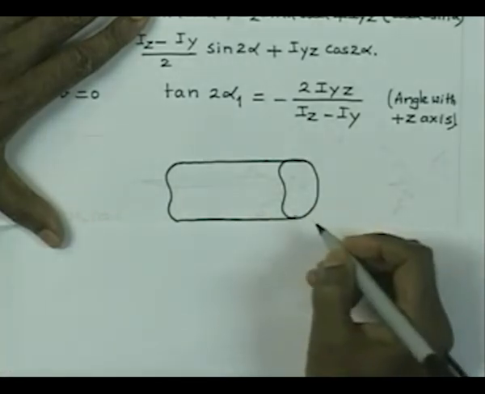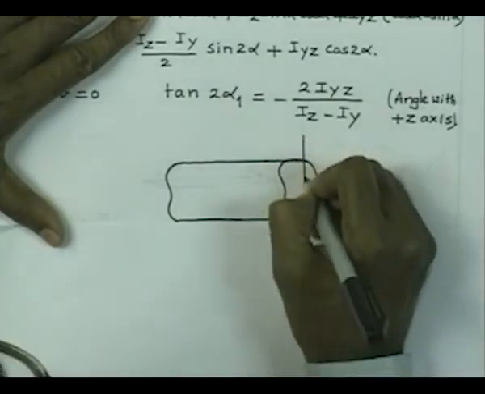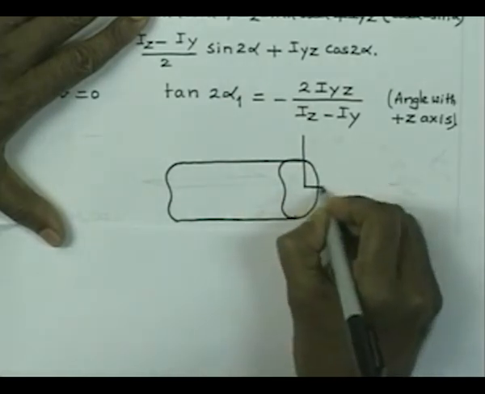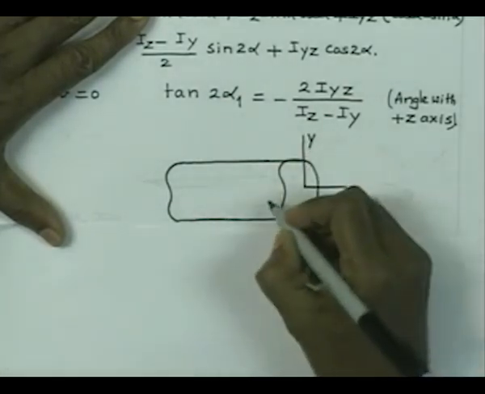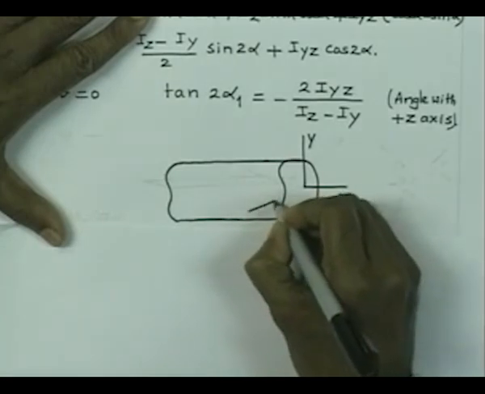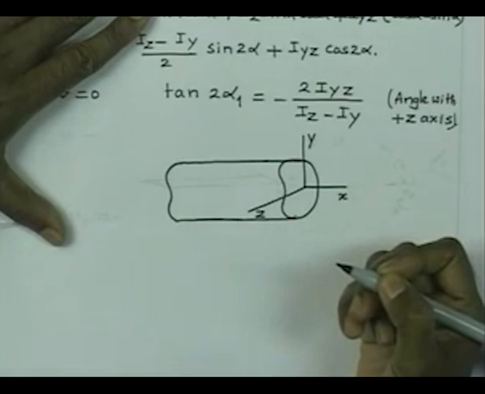Let us say that this is the beam wherein our x axis is located like this, y is located here, and this is our z axis.